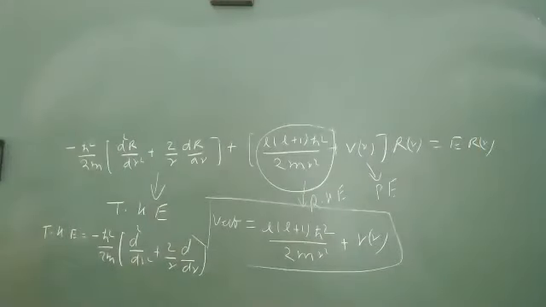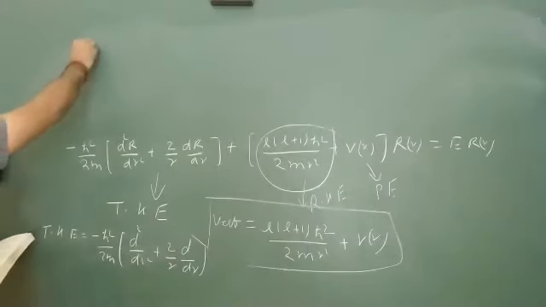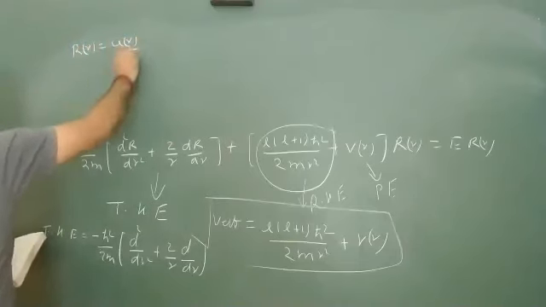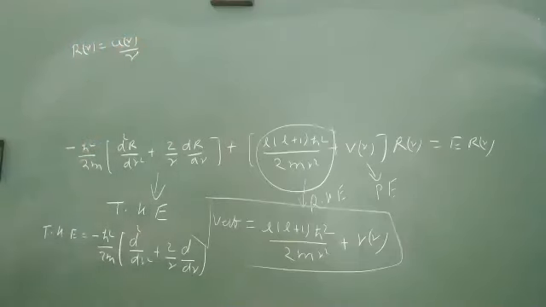You will just put a new variable R of r is equal to u of r by r. Remember, even in the central force problem, we use this type of substitution.